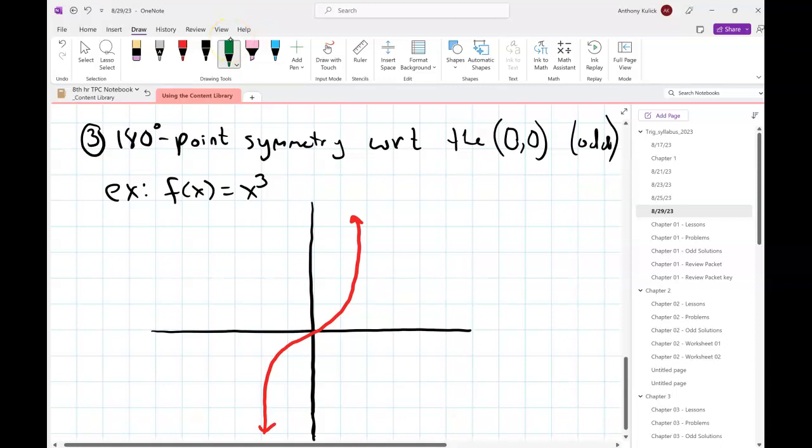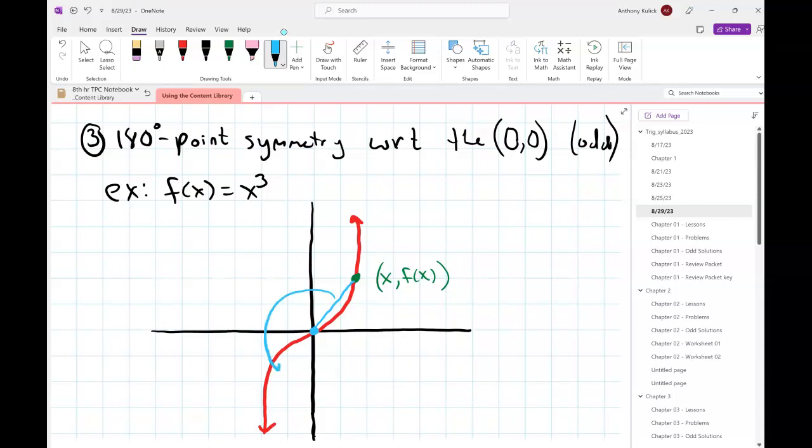So what does this 180-degree point symmetry with respect to 0, 0 mean? Well, let's say I pick some point on the graph that's not the origin. And then let's say I create an anchor at the origin and tie a rope to that other point. And then I rotate that 180 degrees.